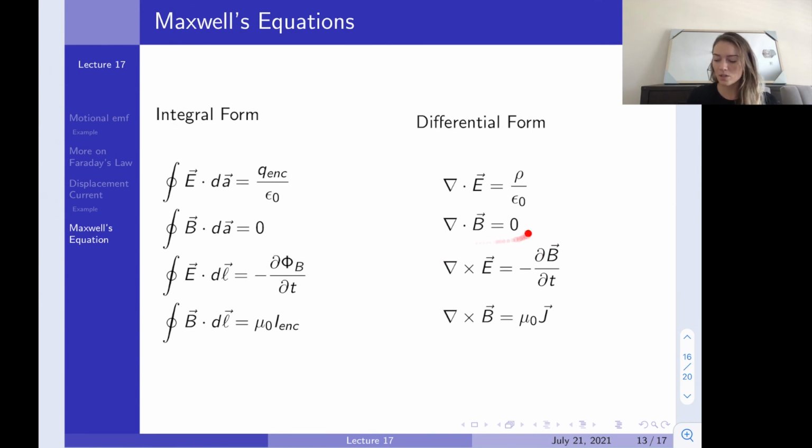But according to these equations, a magnetic field can only be created by a current. So if you have a changing electric field, nothing will happen. When Maxwell added in this displacement current, it added a symmetry to Maxwell's equations that wasn't previously there. Now a changing magnetic field will cause an electric field, and a changing electric field will cause a magnetic field.